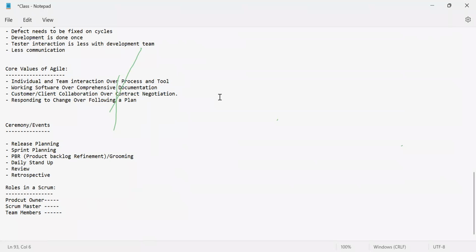So when a story is picked up, if the developer calls out that I need 3 story points to develop this story, the tester adds to it. He says, okay, I need 1 or 2 story points to test it. So in total, it will take 5 story points for the story to be completed. The story points are given combinedly. It cannot be separated. Why? Because if you pick up a story in a sprint, it should be developed as well as tested.